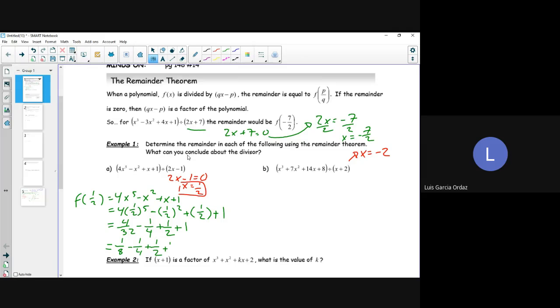So like question A, what are we going to do with that -2? We're going to sub it in for our dividend. So we're going to find f at -2 is equal to -2 to the power of 3 plus 7 times -2 squared plus 14 times -2 plus 8.